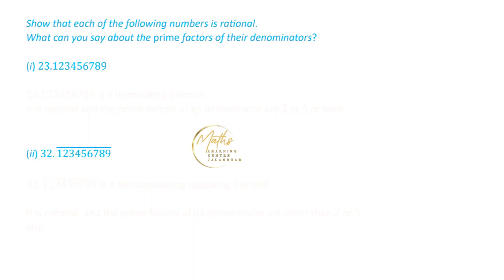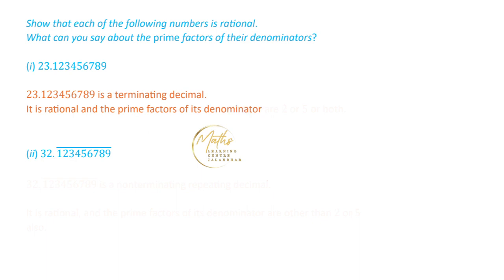The first number is a terminating decimal, so it is a rational number. And because it is a terminating decimal, when we write this number in the form p by q, the prime factors of the denominator will be 2 or 5 or both.